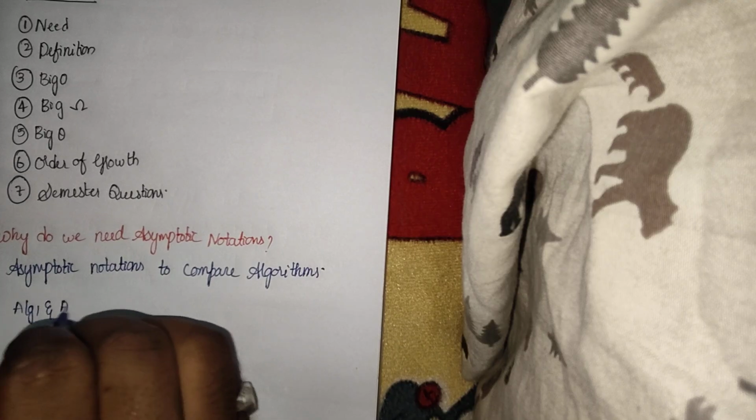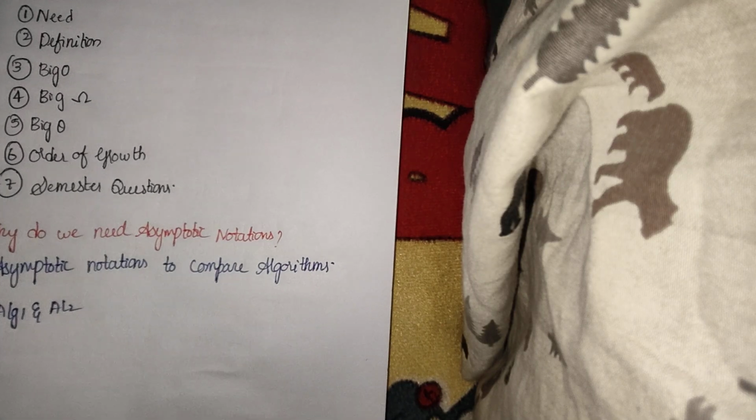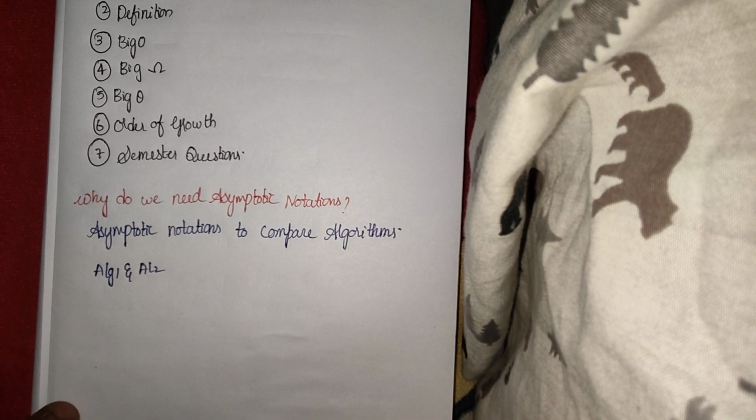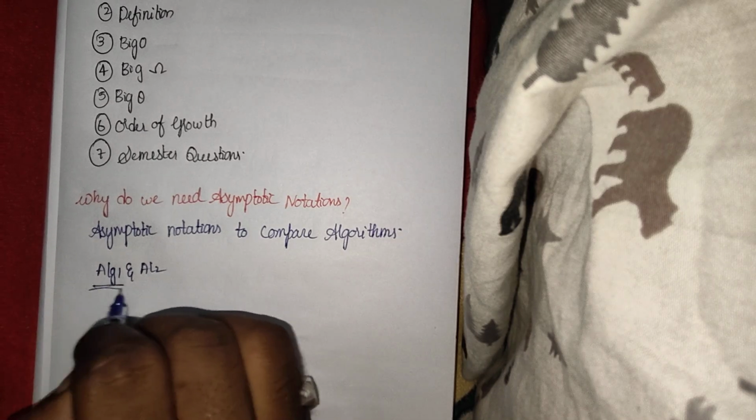Suppose two students write two different algorithms. For example, let us assume algorithm 1 and algorithm 2. Algorithm 1 finishes in 2 seconds and algorithm 2 finishes in 3 seconds. Can we conclude that algorithm 1 is better?